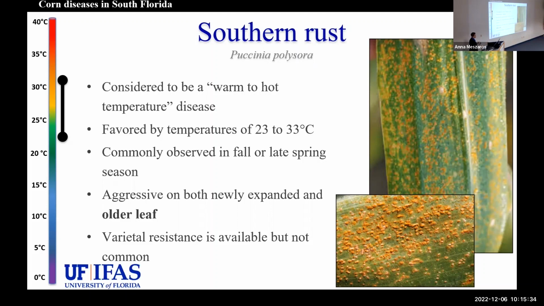So it's mostly common during the fall, as we can see it now on the plants here, and also late spring. And this one, as I said before, it's aggressive on new and also old leaves. So if you're scouting for the disease and you see it on new and old leaves, that's another sign that it's southern rust and not common rust.